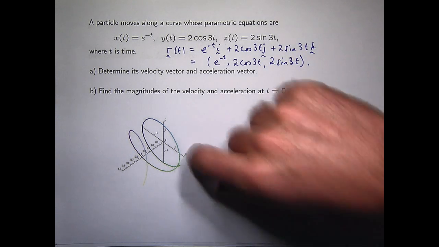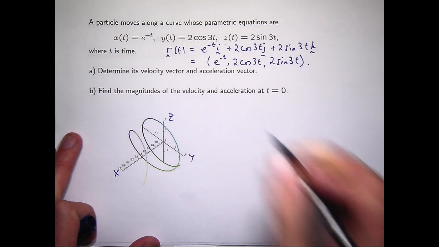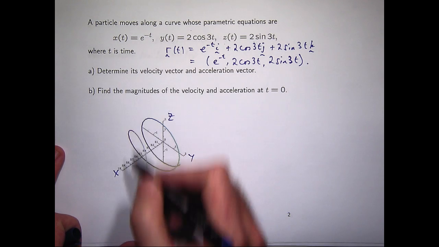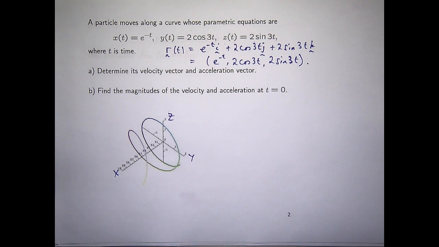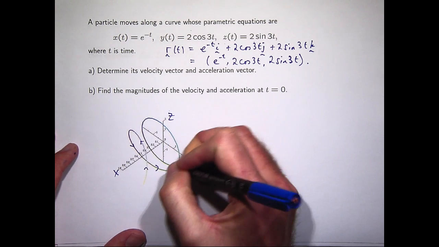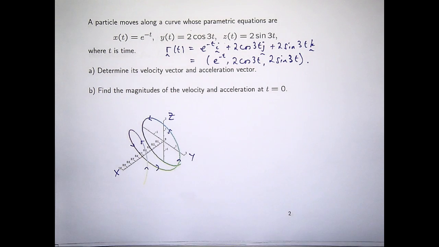So in this picture, this would be the x-axis, this would be the y-axis, and this would be the z-axis. So it starts here. When t equals 0, e to the 0 is 1. So out here. And it'll just go and spin around. The curve is called a helix. This would be the direction of motion, or the path travelled.